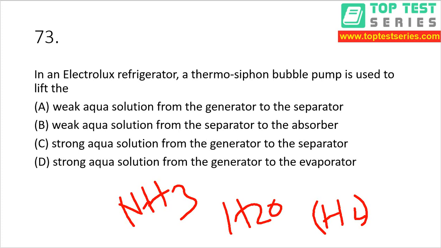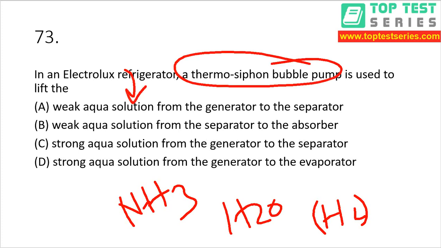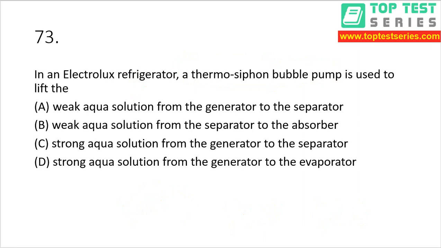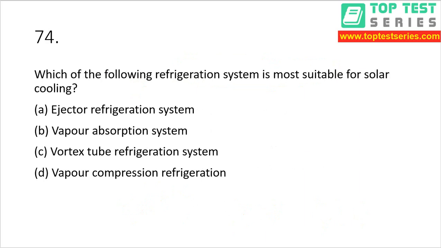So you must know all these things, because Electrolux refrigerator is so simple and you can easily answer the question, right? Now, very important, what is the function of this? That is here. Weak aqueous solution, it is used to lift weak aqueous solution from generator to the separator, right? So answer for this question is what? Option A is the correct answer. Question number 74. Which of the following refrigeration systems is most suitable for solar cooling?